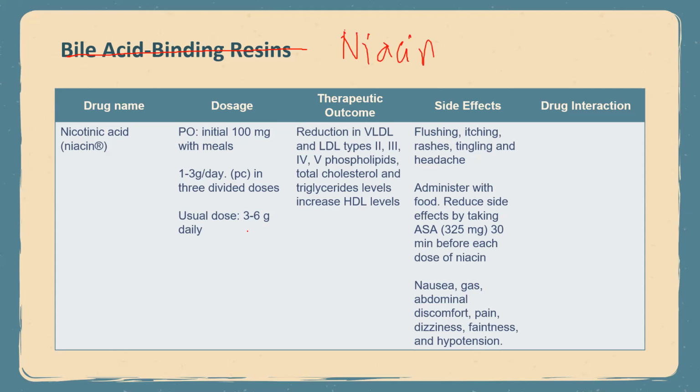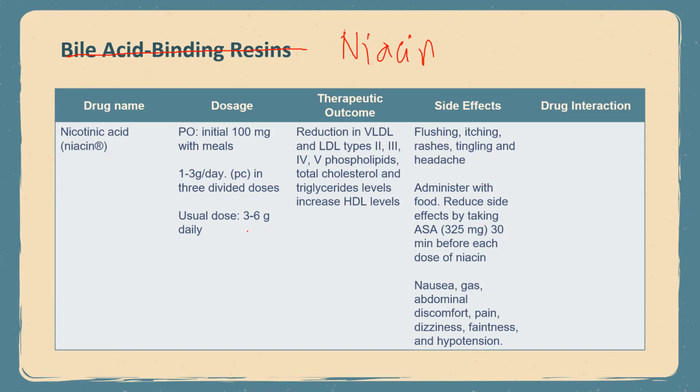Okay. This niacin drug is capable of reducing the VLDL and LDL, types 2, 3, and 4, phospholipids and total cholesterol, as well as the triglyceride levels, and increases HDL levels.